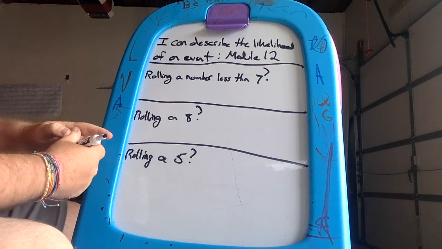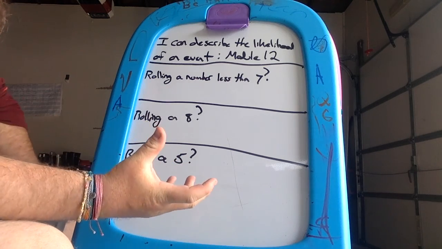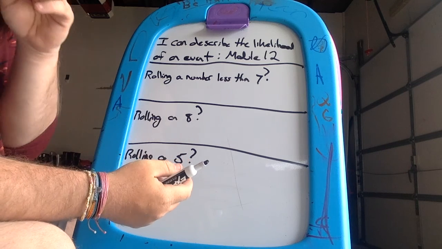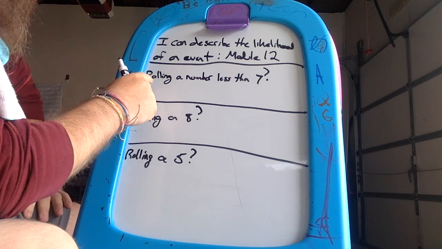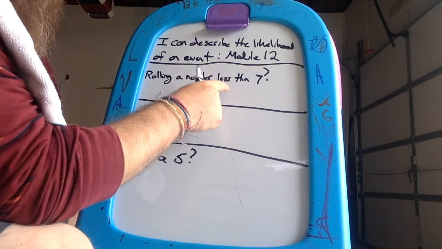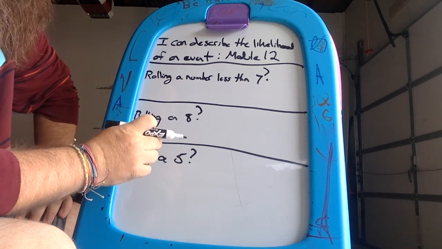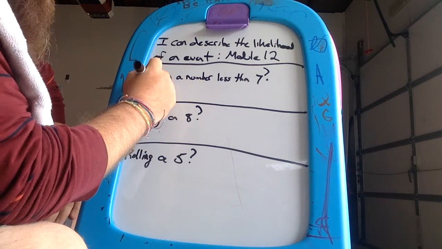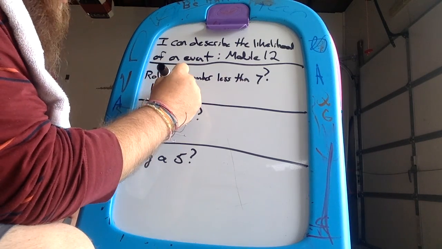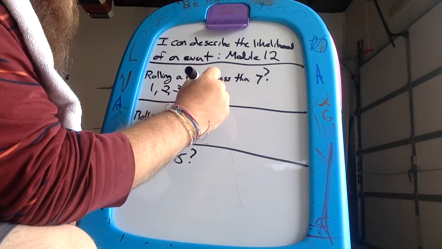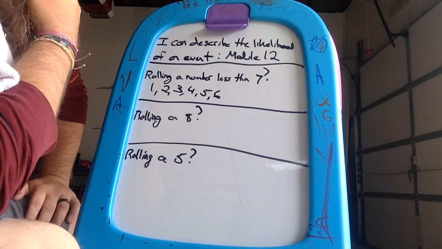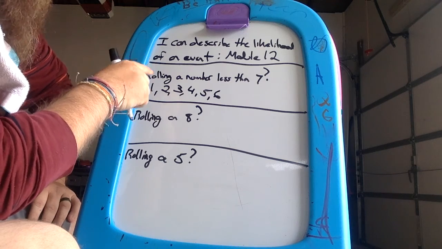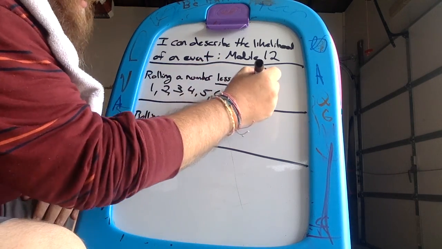If I had a dice in my hand, and I'll get the ones that I'm making that I'm going to show you in the next couple lessons, it says here: rolling a number less than 7. If the dice has 6 numbers, 1, 2, 3, 4, 5, 6, the question asks, what is the probability of rolling a number less than 7?